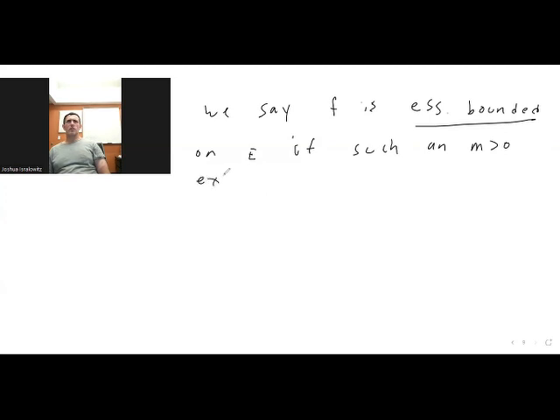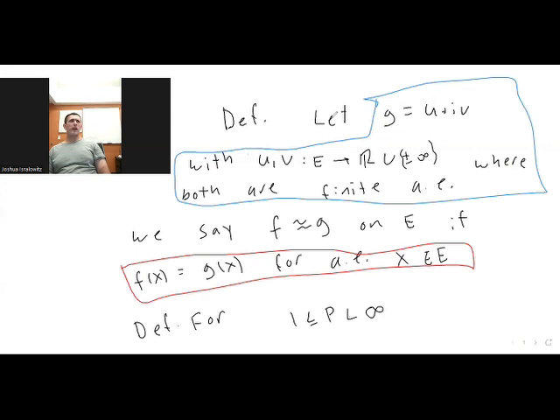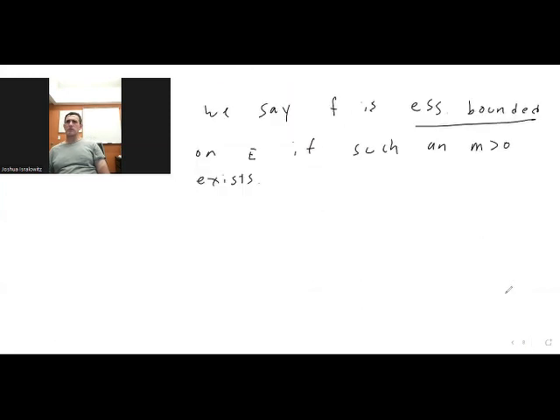So if there exists an essential upper bound of f on E, then we say f is essentially bounded. So to be clear, we're starting off with an f right here: complex valued, measurable, finite, almost everywhere. Okay, so another definition.